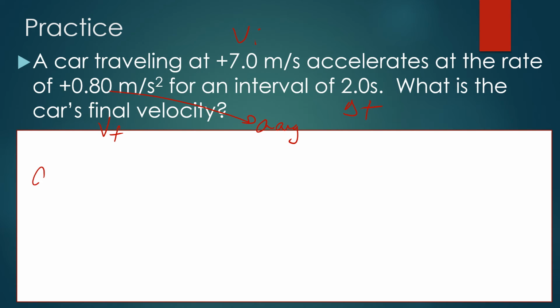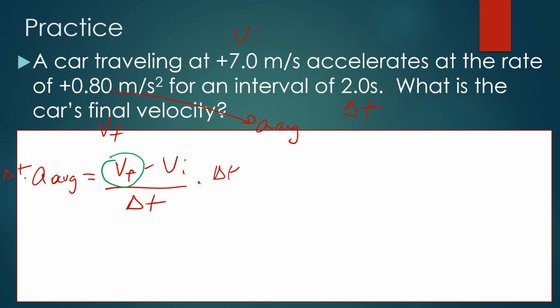So average acceleration equals final velocity minus initial velocity divided by change in time. I'm trying to find that right there. So how do I get that by itself? I need to multiply both sides by delta t like we did before.